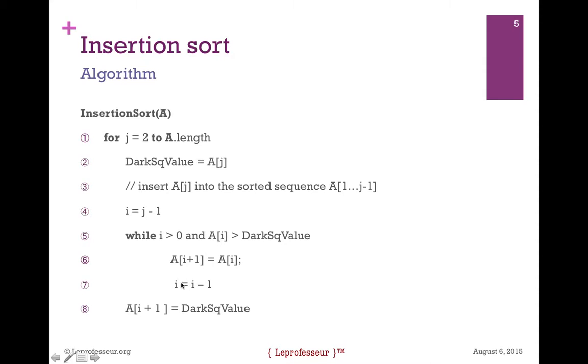After finishing this while loop, we have come to the end and final location. We store the dark colored square value in A[I+1], and after finishing our for loop, we will get a sorted array.